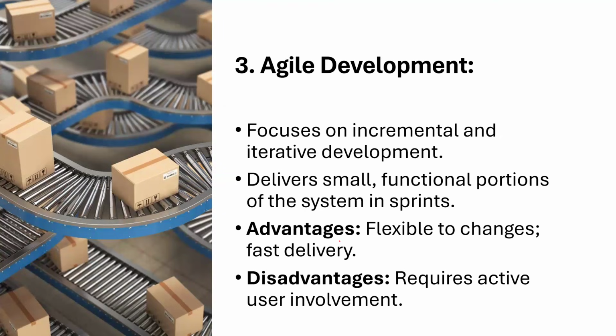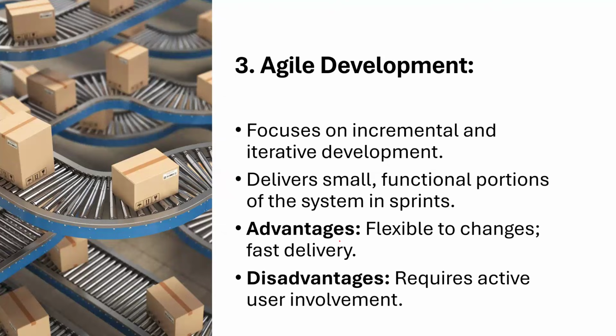The third model is the agile development, and it focuses on incremental and iterative development. Iterative development means something like a loop, something that goes over and over. So it focuses on iterative, incremental development.